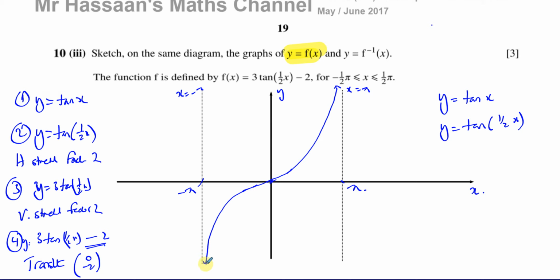I'm just going to draw this. It has the same shape as this, except what happens is it just gets dragged down 2 units. Okay, something like that.